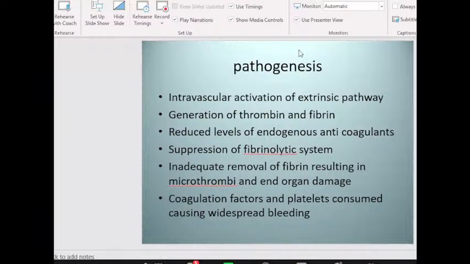And as you are treating the cause, you have to support the patient by replacing the coagulation factors, by replacing the platelets, as we try to normalize the situation. If they go into renal failure, we need to support them with dialysis and correct metabolic acidosis. So it is a very intensive type of treatment that we do when a patient has DIC.